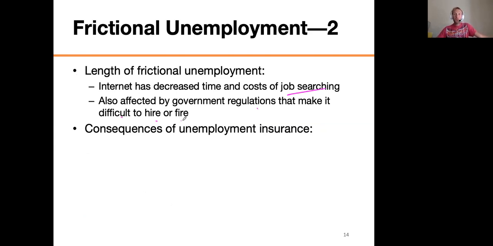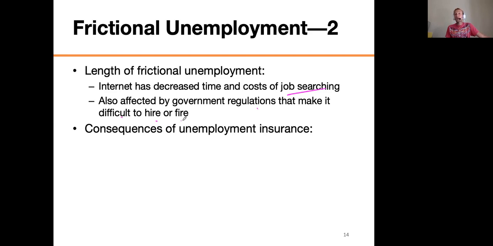But if you're a firm and you know that if you hire someone, they're really hard to get rid of, you might not hire as many people, and you might take a longer time before you make a decision about hiring, because you get stuck with a hired employee. So the government regulations that are meant to help workers can actually increase frictional unemployment, because the firms are kind of scared about hiring people.